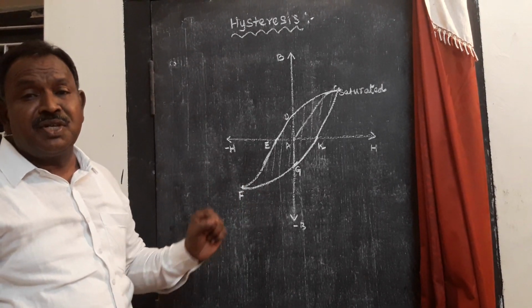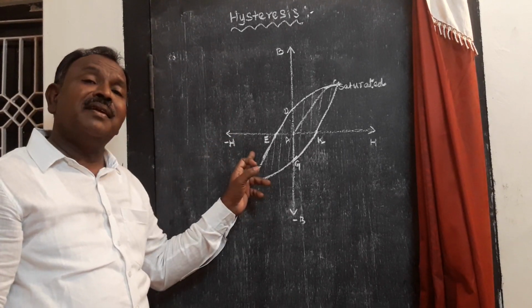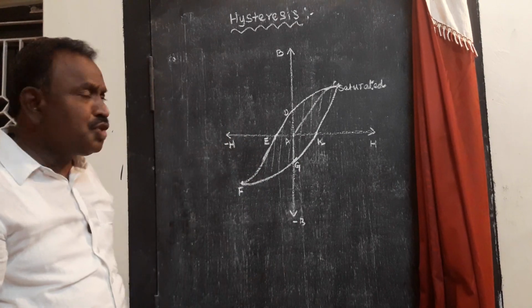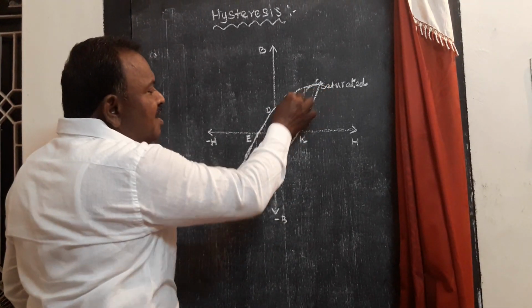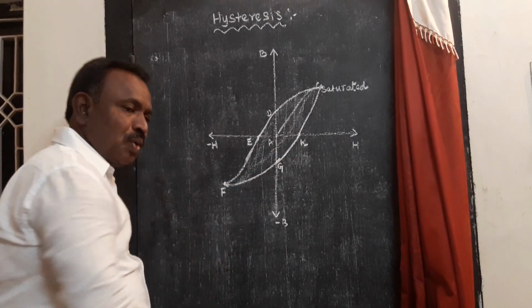And it is interesting to see that the loss of magnetic energy is proportional to the area enclosed by this hysteresis loop.